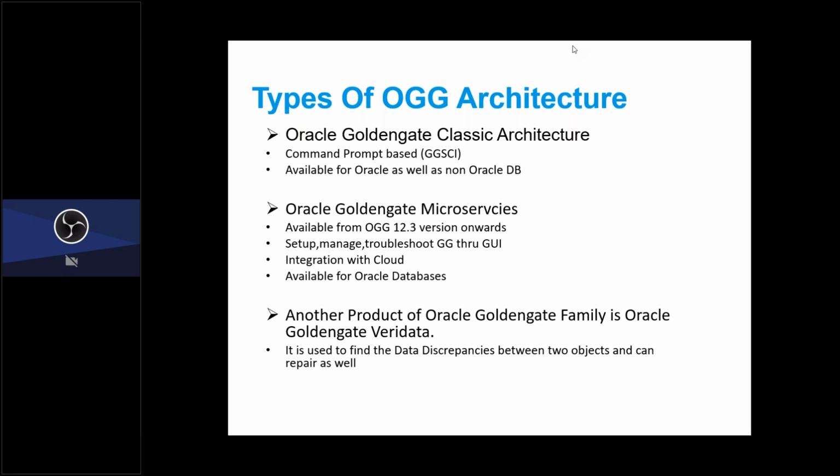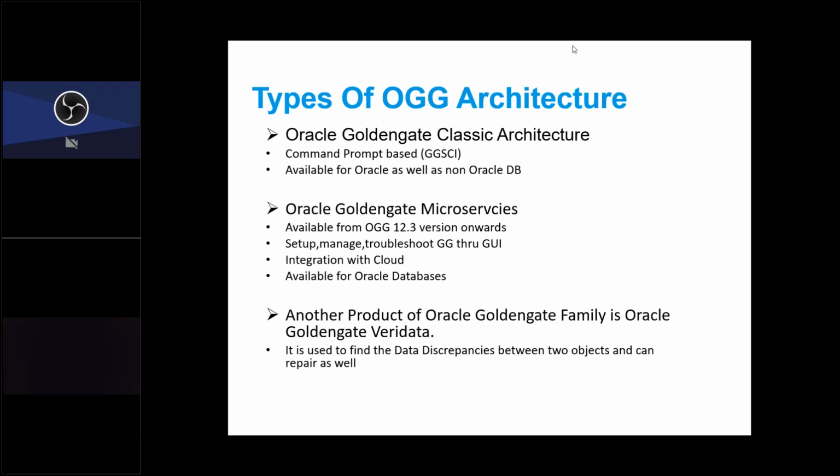Golden Gate is a product which replicates the data. There is one more product in the Golden Gate family which is called Veridata. Veridata, as the name suggests, verifies the data for you. Golden Gate replicates the data from source to target. Say for example, there are 10,000 records on a source table and 9,000 records on the target table.